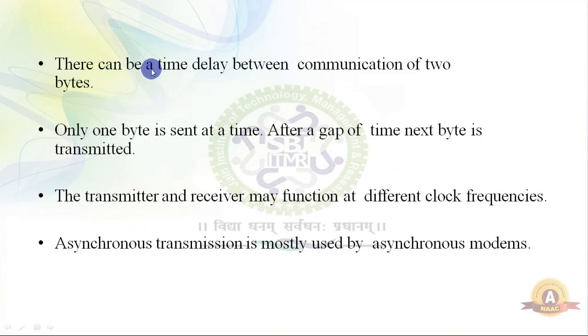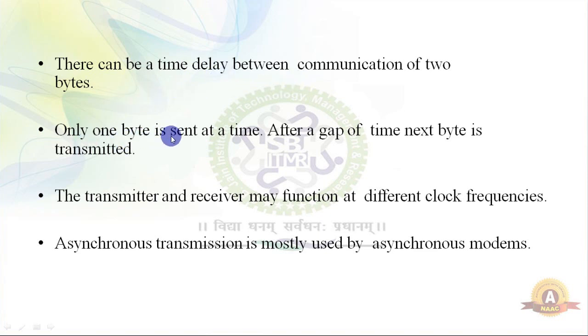In this, there can be a time delay between communication of 2 bytes. Generally in synchronous transmission we saw there is no time delay, but in asynchronous transmission there is a time delay because of the start and stop bits. Whenever we send 2 frames or 2 packets, we give a small time gap between the 2 data.